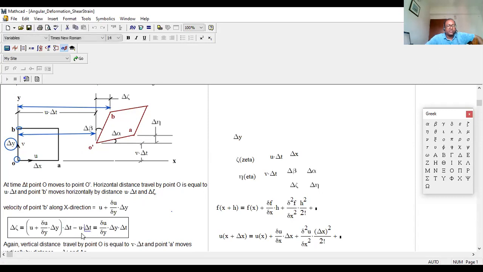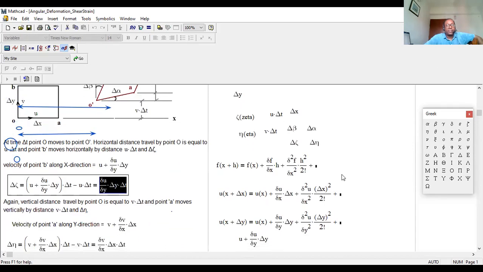So this distance minus this distance gives you zeta. So zeta equals the velocity of B into time, which gives the distance, minus the distance traveled by point O, which is u delta t. Finally you get this expression.